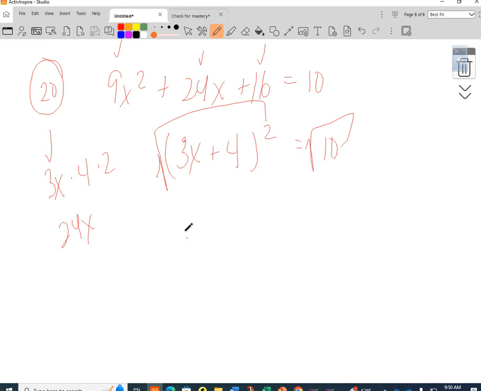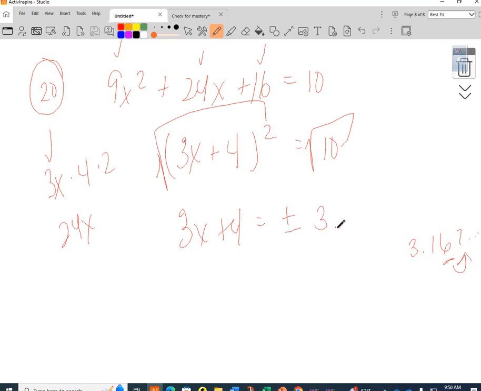What's the square root of the left side? That's exactly right. And then the square root of 10 is going to be a positive, negative. Would you find the square root of 10 for me on your calculator? Okay, so we said we're going to round to the hundredths place if we're given an approximate answer.